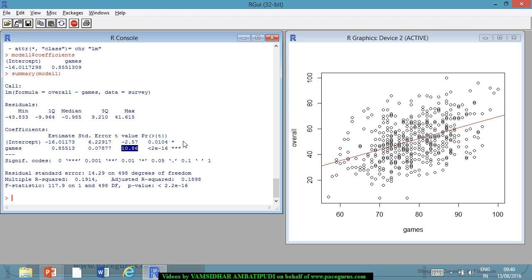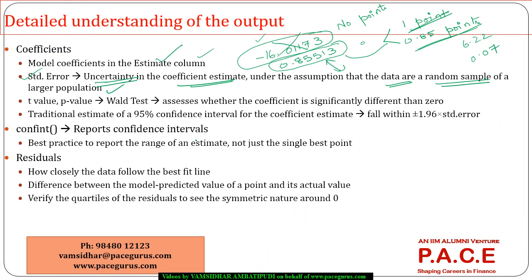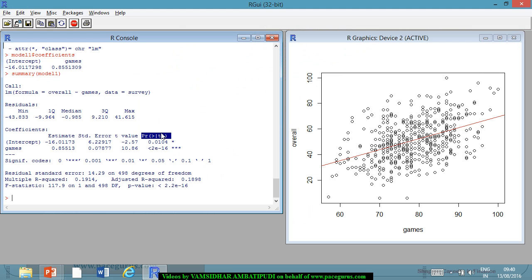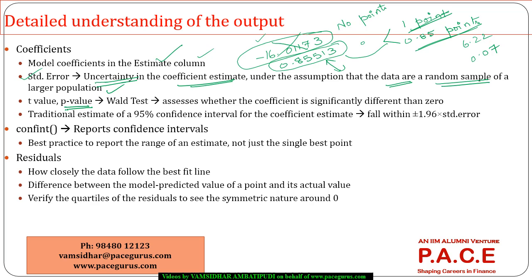That is what we take as the p value, the probability greater than or equal to t. In R, it is represented as the probability greater than or equal to t. And this value in general is the probability that the null hypothesis is true.